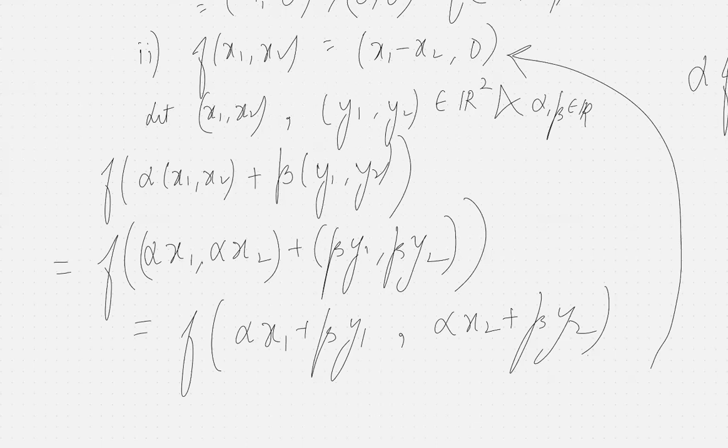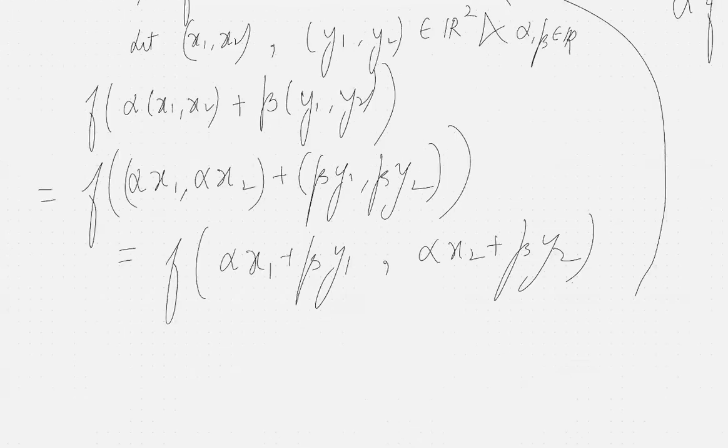So this should be equal to alpha x1 plus beta y1 minus alpha x2 plus beta y2 first, comma 0.